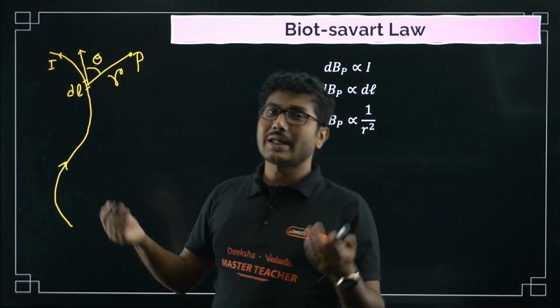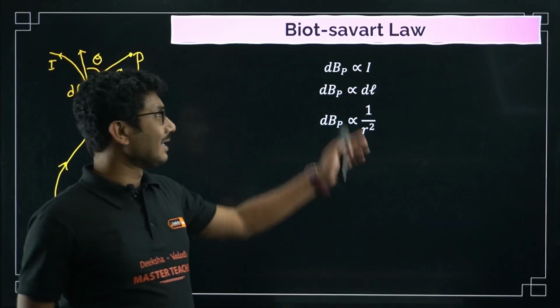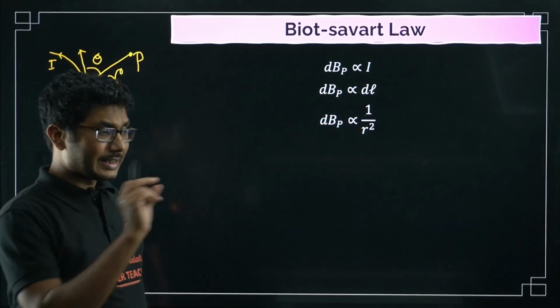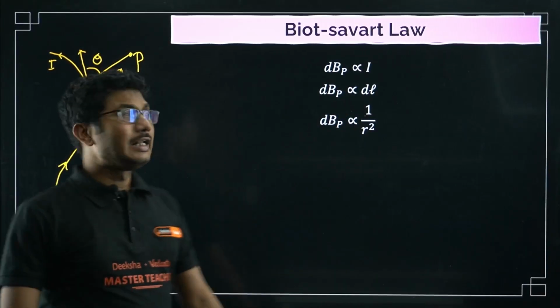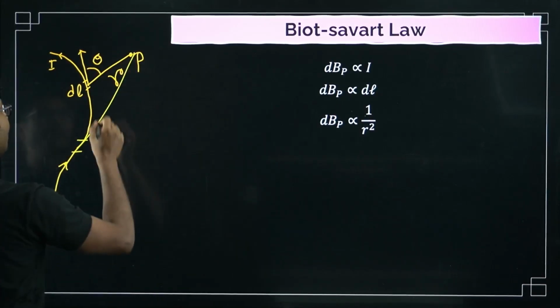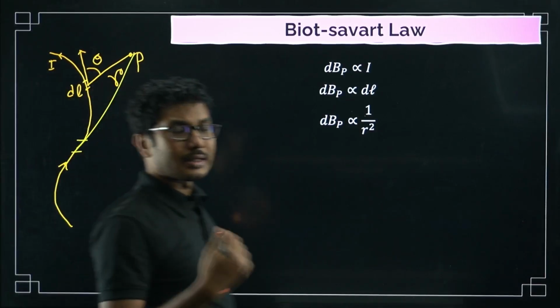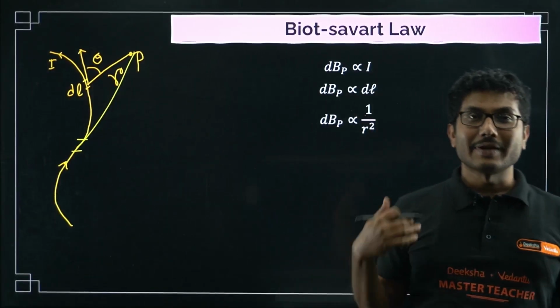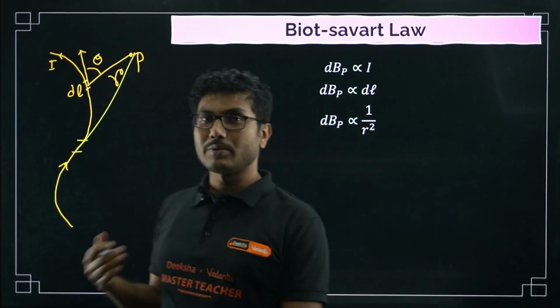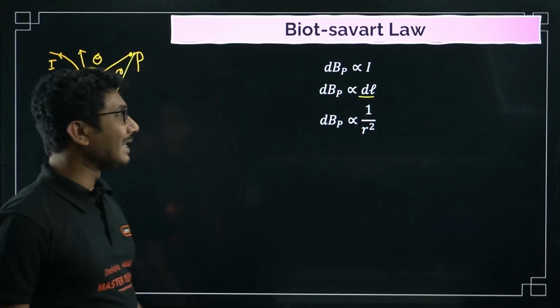If it is a straight wire, it does not matter, you can easily integrate dl and find the value. But we take small dl's because individual dl's are at different distances from the point. If I take a component here, that dl will be at a different distance from this current element. So all of the current components are at different distances, and based on that, the field depends on the current element dl.